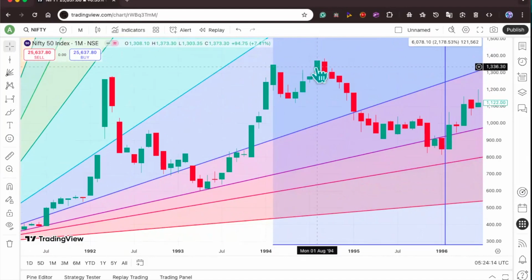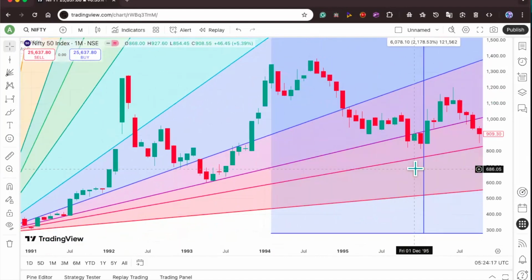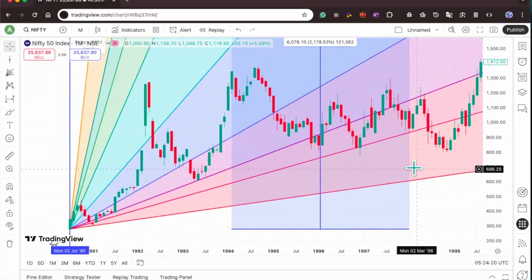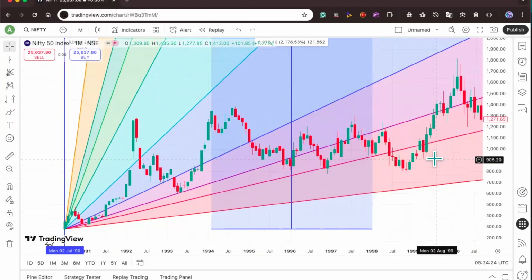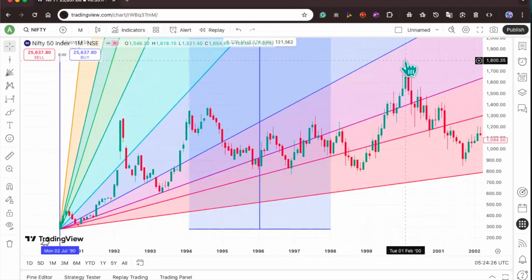This is somewhere around 1994. Again it did break down and came back to these levels. Maybe resistance came back again, and somewhere around 2000 we get a resistance around this 1:1 line.